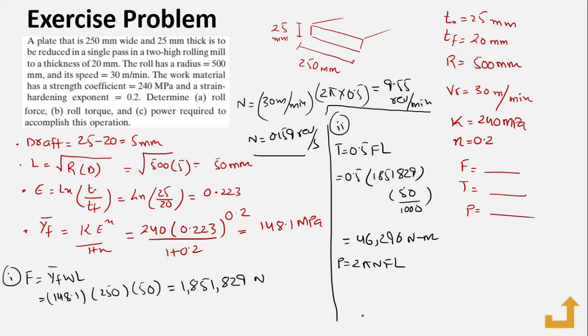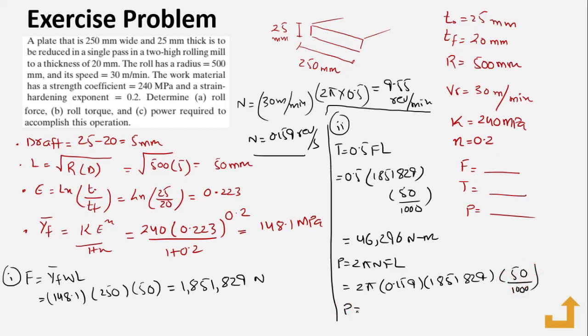So using this we can calculate the power, that is 2 pi into 0.159 into the force, that is 1851829, into the contact length, that is 50, and again it's in millimeters, so we will convert it to meters.